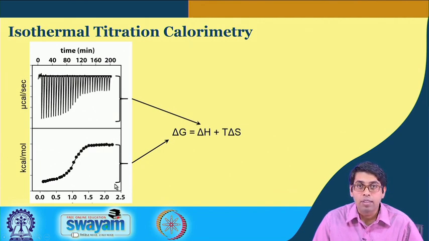That difference gives you the delta H of the reaction. Once we know delta G and delta H, we can measure the delta S. So, we can actually get the enthalpy and entropy of a reaction from isothermal titration calorimetry in addition to the dissociation constant.